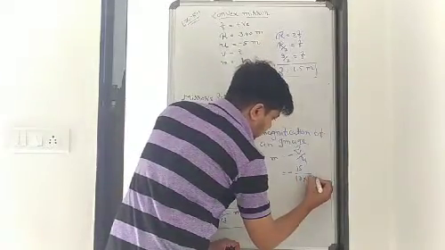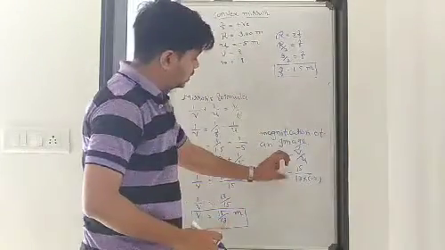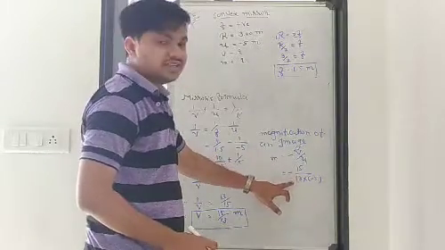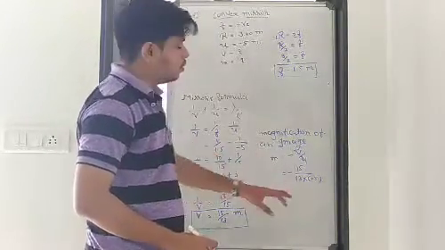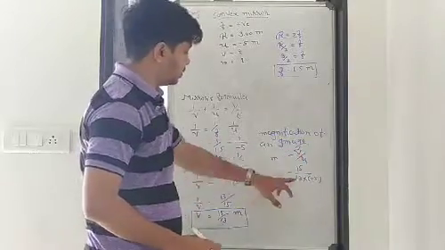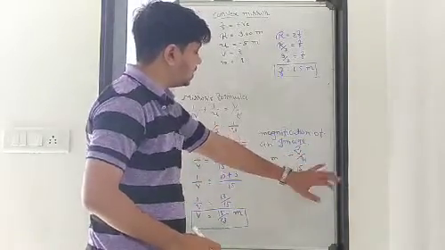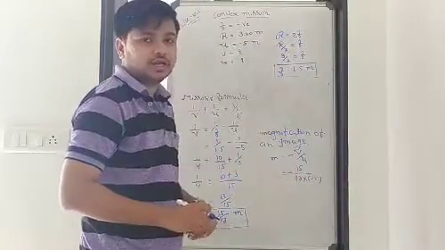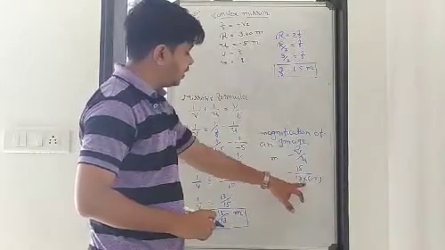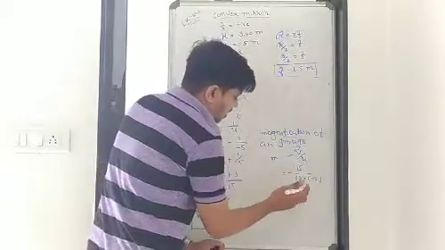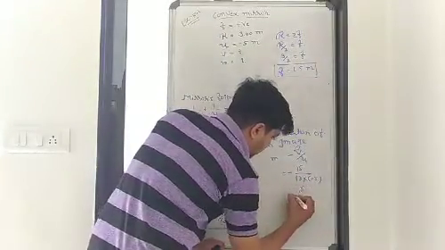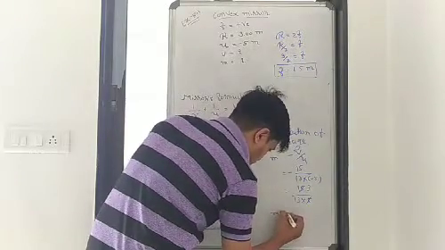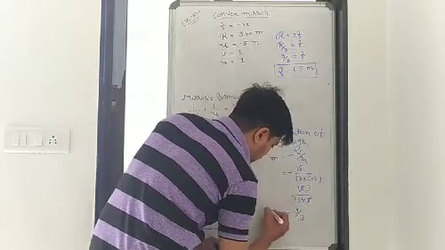U is minus 5. The upper one has a numerator and a denominator, and the denominator of U stays as a denominator. So 15 by 13 into minus 5. This minus minus becomes plus, and it gives you 15 by 13 into 5. 5 threes are 15. So M is equal to 3 by 13.